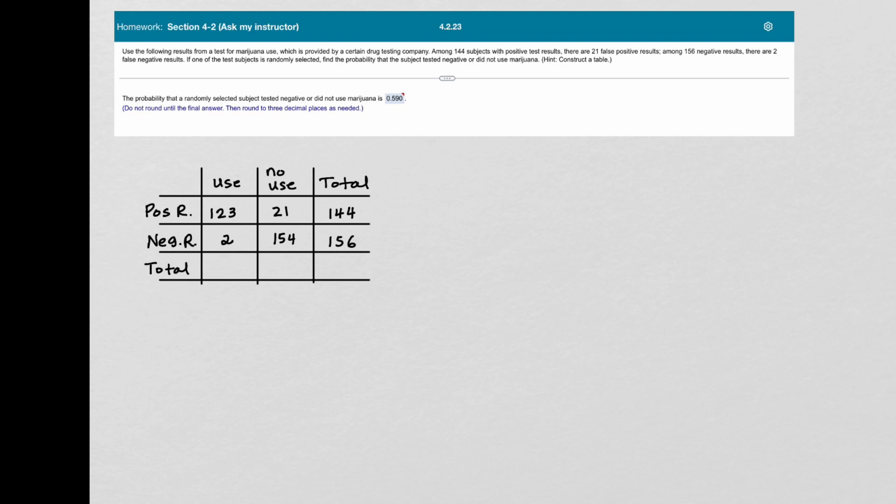So if one of the test subjects is randomly selected, what is the probability that the subject tested negative, so had a negative result, or did not use?